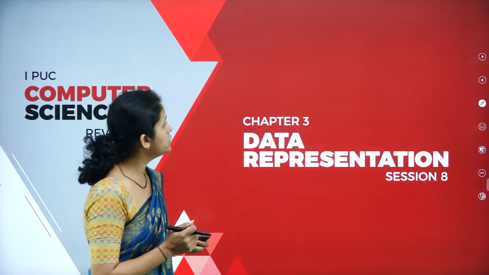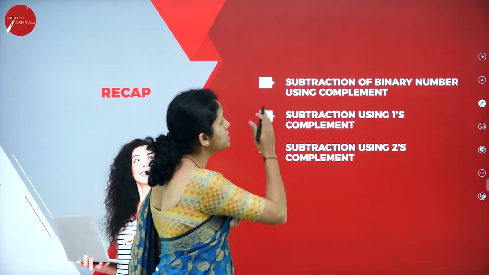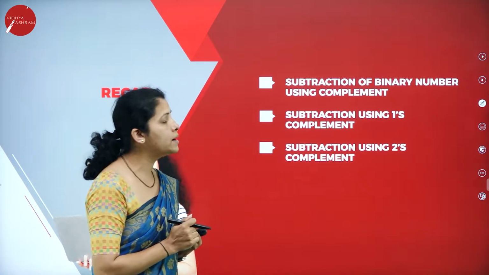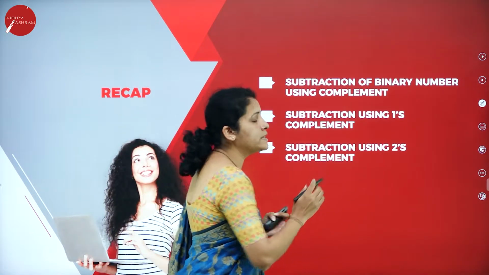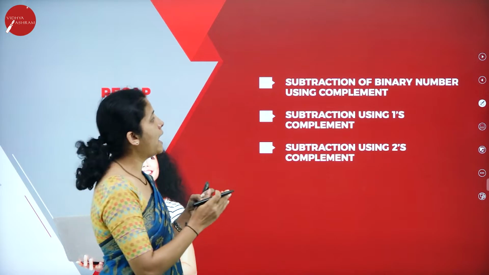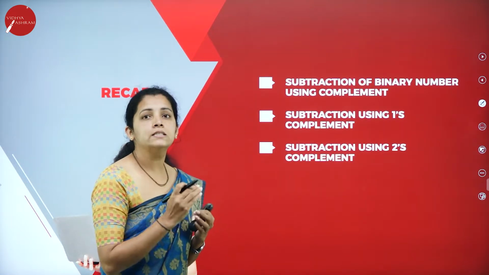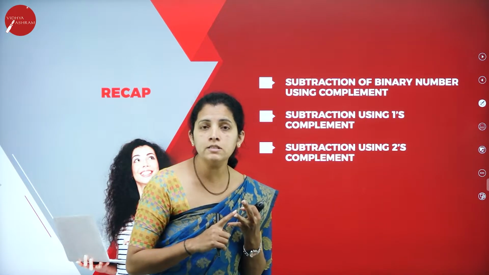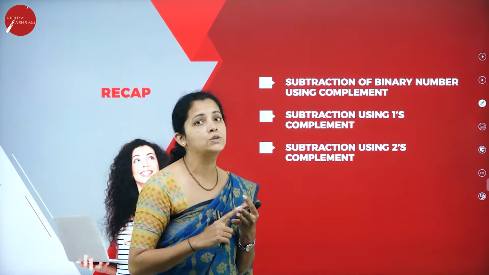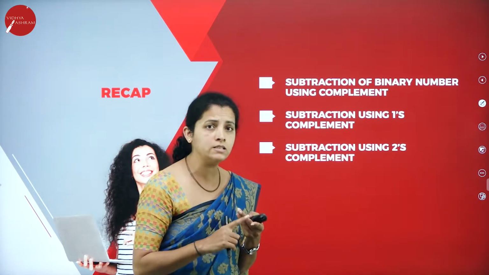In my previous session, we started with subtraction of binary numbers using complements. To represent positive numbers, I'm having number systems: binary, octal, decimal, as well as hexadecimal number system.